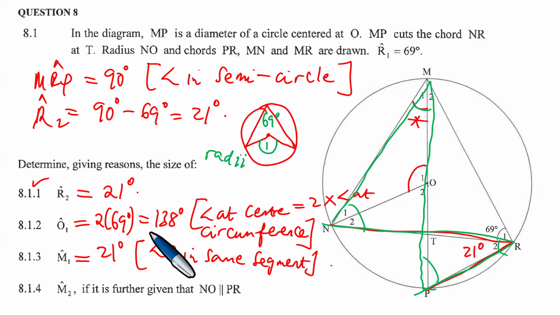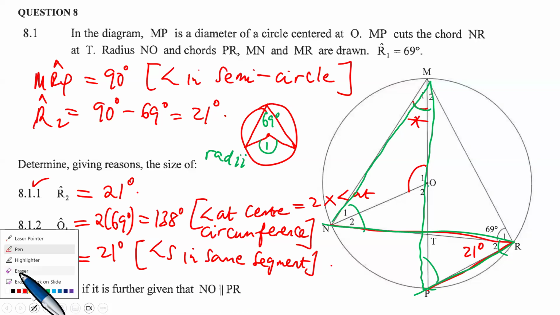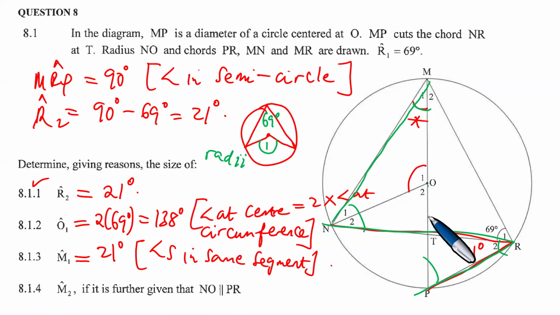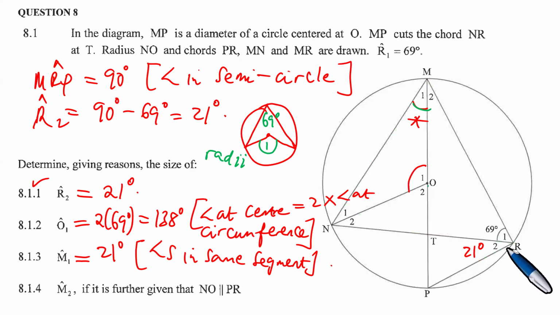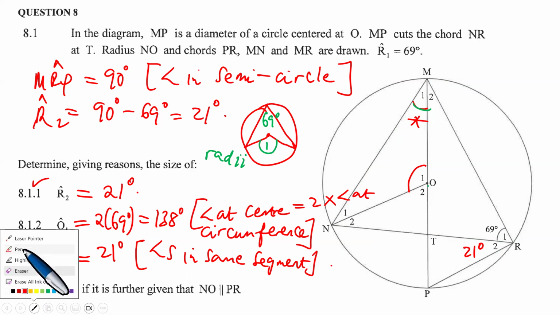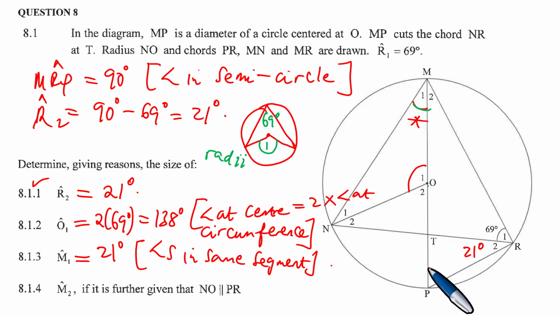Right, we continue. So angle M2, if it is further given that NO is parallel to PR. Angle M2 is which one? This one here.